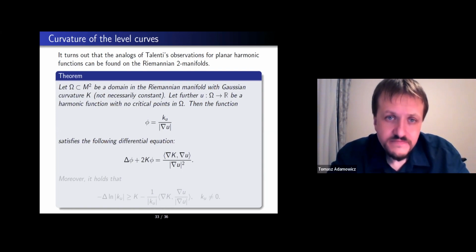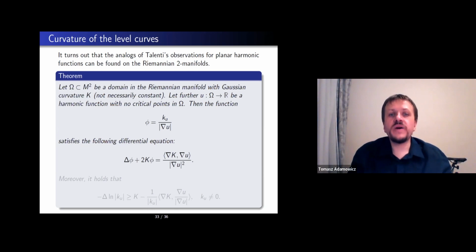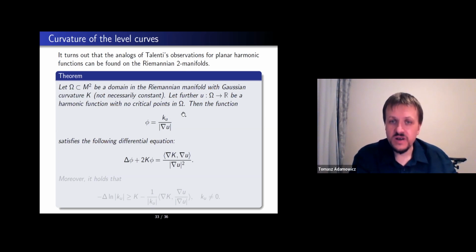is true. If omega is a domain in a Riemannian two-manifold with Gaussian curvature K, not necessarily constant, and if u is a harmonic function with no critical points in omega, then the normalized curvature of a level curve satisfies the following equation.